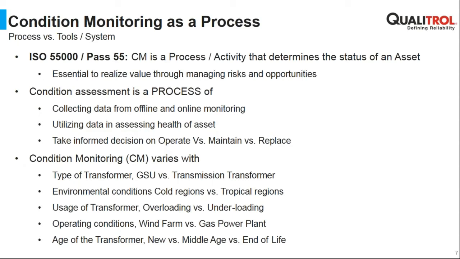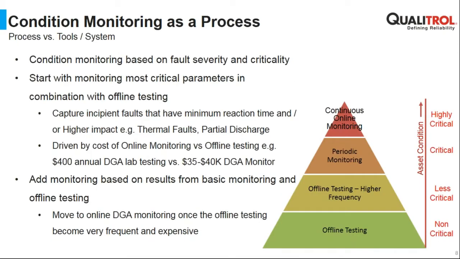So monitoring the transients on voltage and current will be a bigger concern as compared to transformers in CCGTs or gas power plants. Age of the transformer: a newer transformer will have different monitoring requirements versus a transformer at middle age versus a transformer towards the end of life.